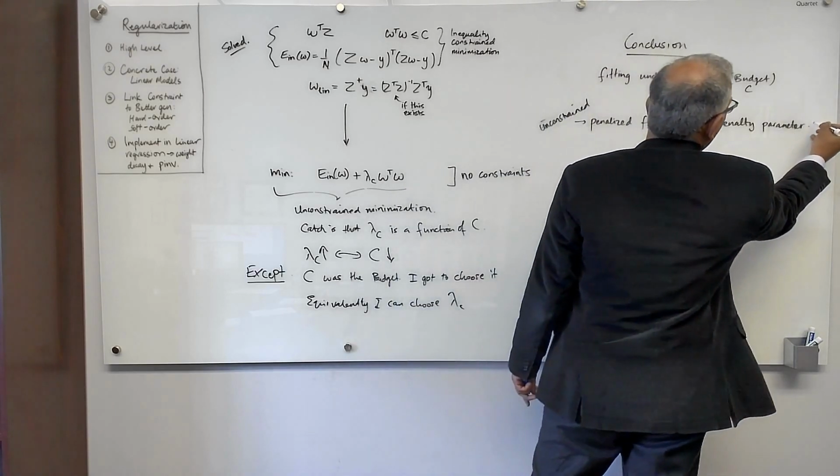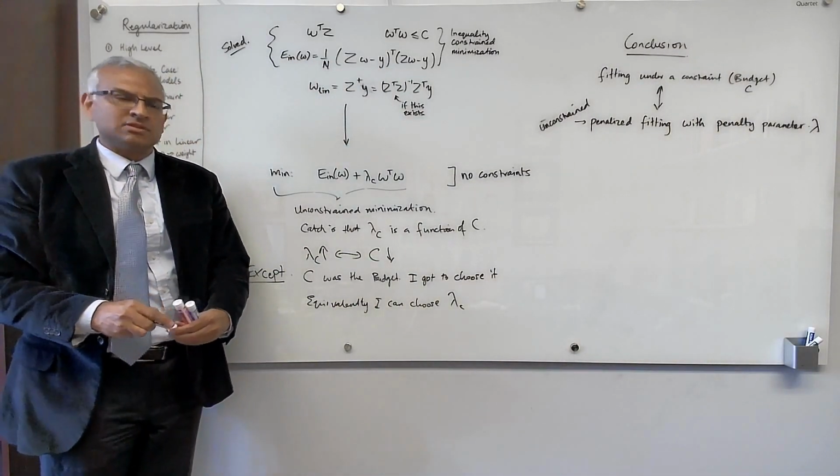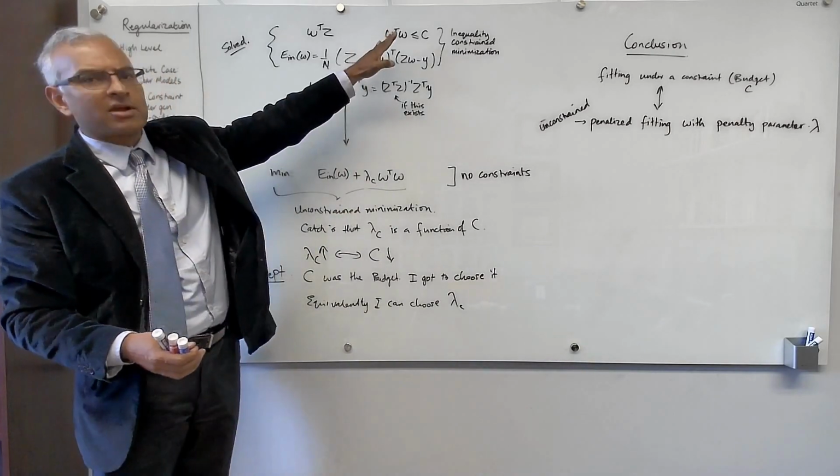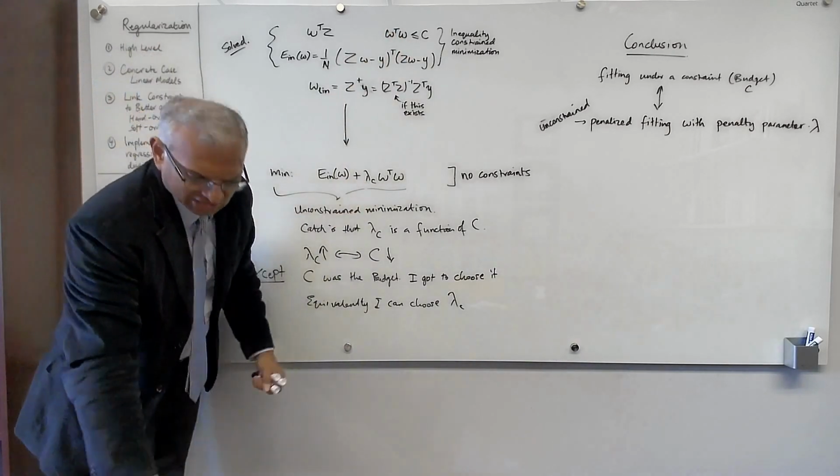And now let's just call it lambda. Okay, so we don't need to even emphasize that there's in the background a budget C to which this lambda sub C corresponds. We can just call it lambda.